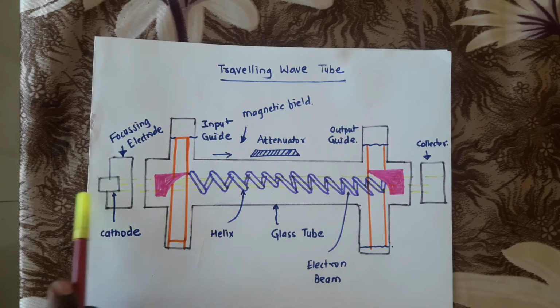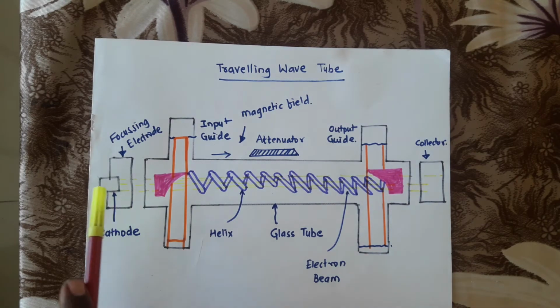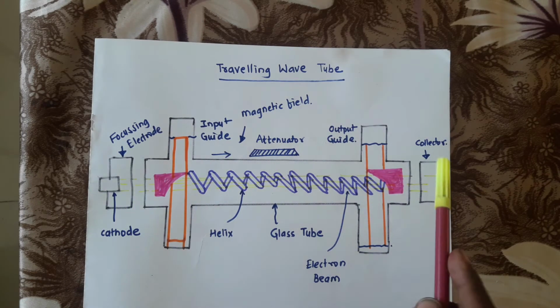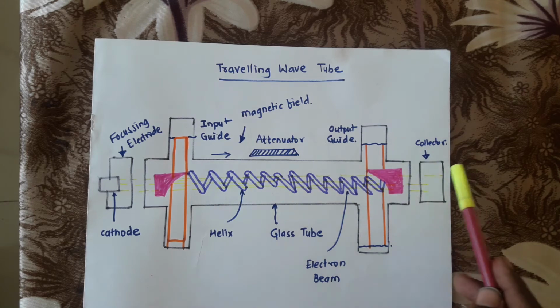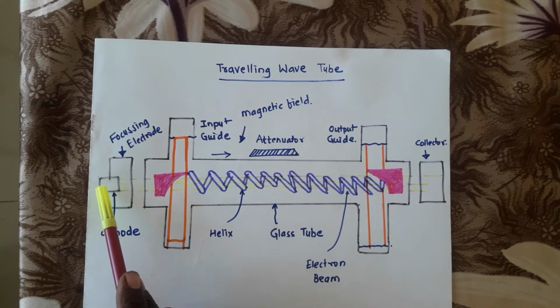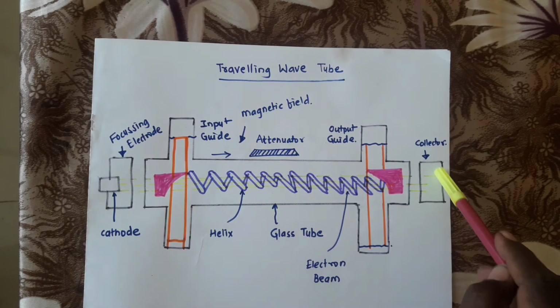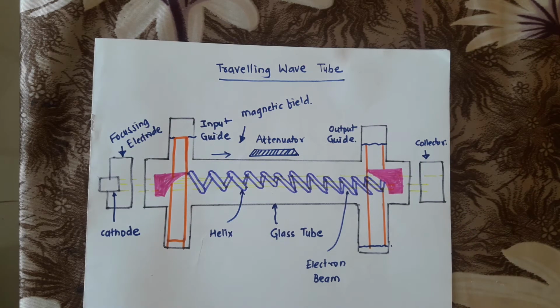Electrons are emitted from this cathode, and all these electrons are attracted by the positive field of the helix as well as the collector. So they pass with very high speed towards the collector.